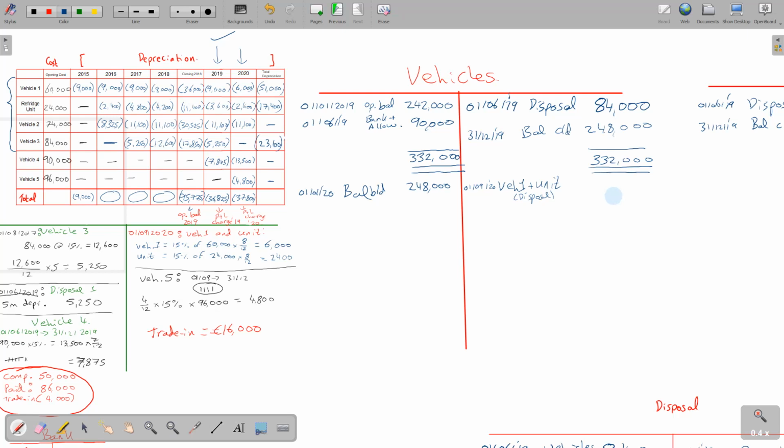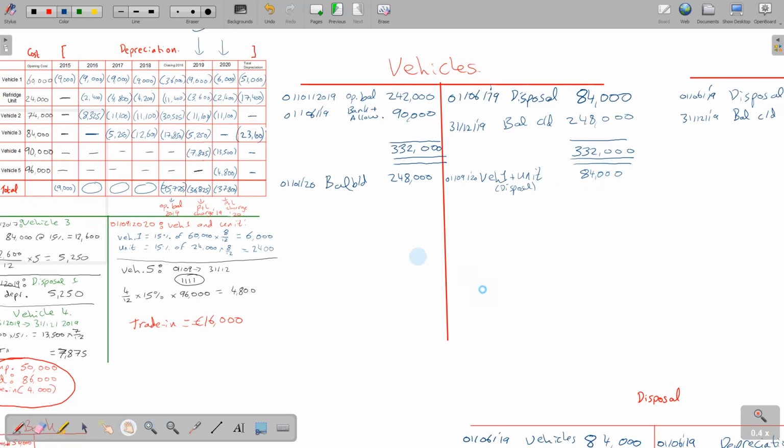So it's the cost 84,000. So the value of it without taking into account depreciation is 84,000.